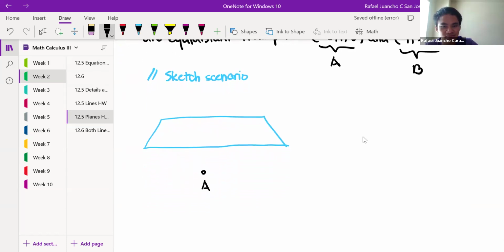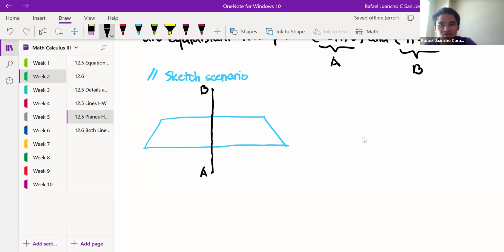So what does that mean? A could be like here, and then B could be like here. And so we have this line going on. We can connect those two. They could be straight like this, so imagine that's straight.